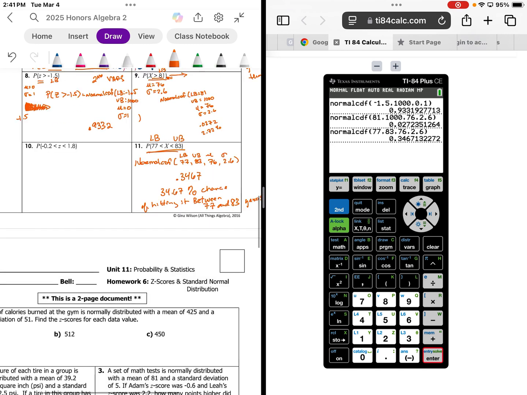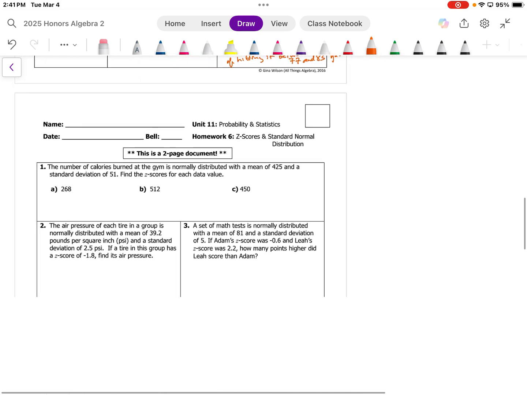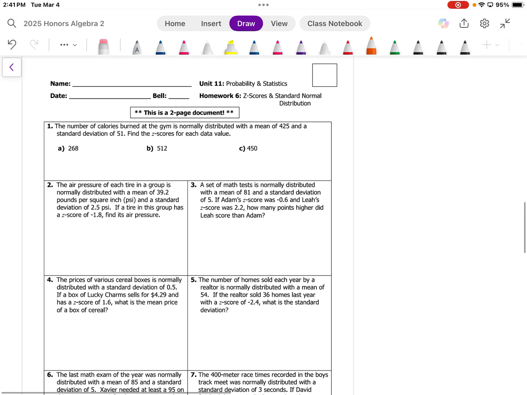So let's take a peek to see if we need anything else here. I think we're pretty good. So the empirical rule, as you saw me do, that's what we did yesterday. The empirical rule gives us a nice rough approximation of what percent is to the left or to the right or between things.